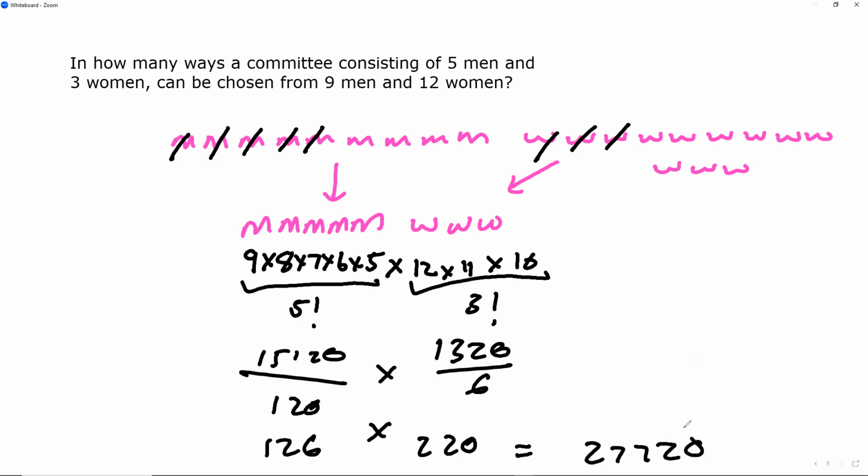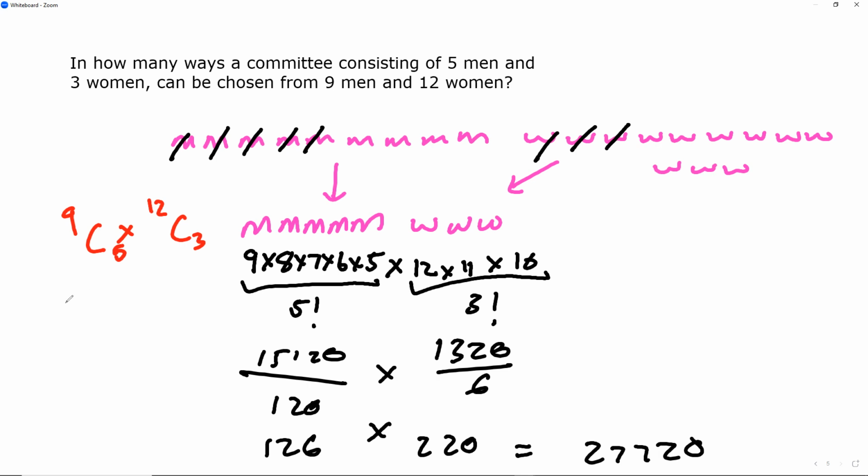27,720. Now, if I use a combination, this should go faster, right? That means if I had to go 9C5 times 12C3, let's put that on a calculator. 9 choose 5 times 12 choose 3.